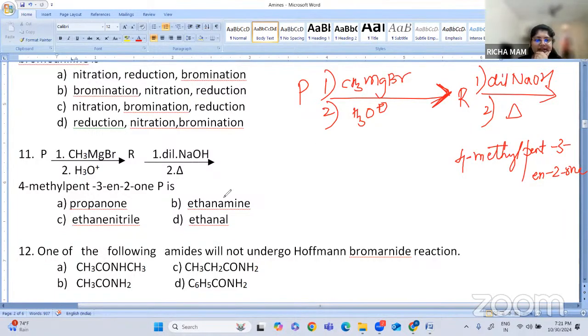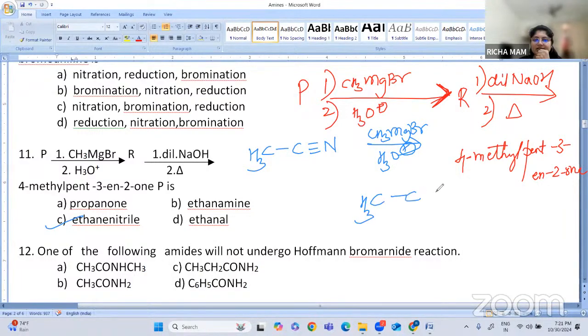If I take ethane nitrile as the starting product, CH3C≡N, and react it with methyl magnesium bromide followed by acid hydrolysis, I'm going to get acetone, CH3C=O CH3.